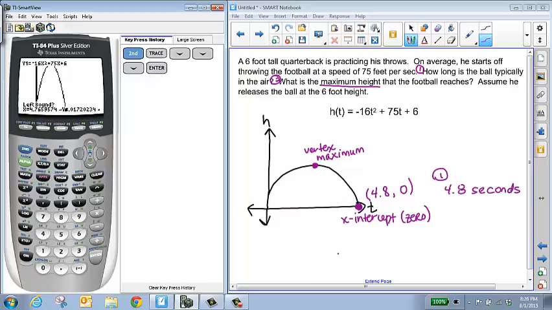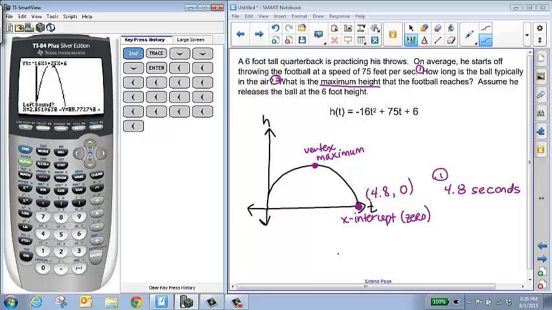So what we want to do is move that cursor as close as possible to the vertex of our graph. And then when it says left bound, hit the left arrow key 3 times and hit enter. When it says right bound, before we do anything, you want to move that cursor back to the top of your parabola.